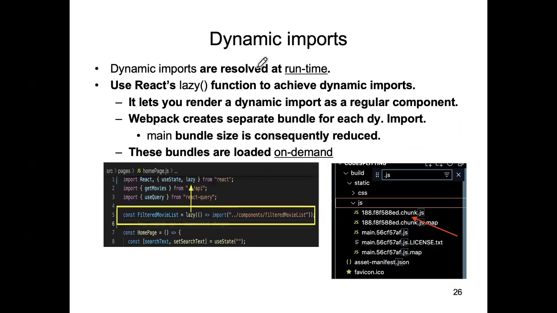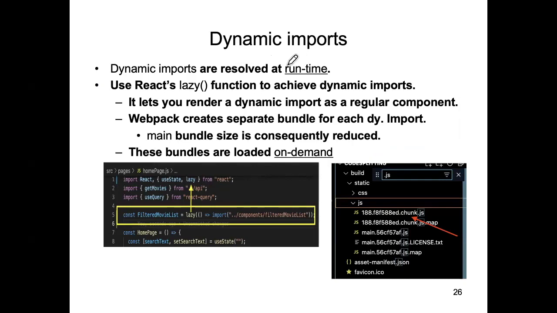So that's what happens when all of our import statements in our source code are static imports. How do we implement dynamic imports? This is now specific to React, as it turns out, but dynamic imports are part of JavaScript, but React has a way of implementing them. The thing about dynamic imports is that they're resolved at runtime.